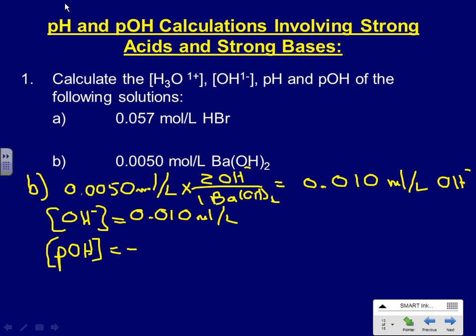If you write down negative log of 0.010, then you make a mistake, I can give you something. But like I said, you've got that number in your calculator, negative log answer equals, what do we got? Yep. 2. We'll put 2.00. It is 2, you're right.